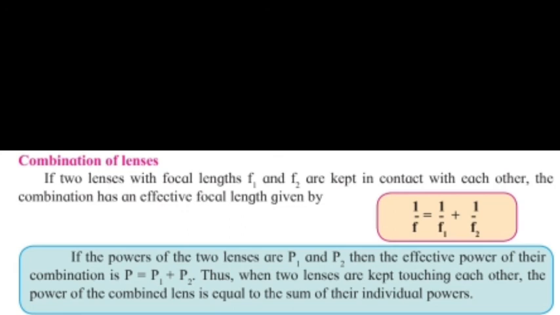Means only addition of the two is there. Similarly, if we have to calculate the power of two lenses, the power of the combination will be the addition of the powers of the lenses.